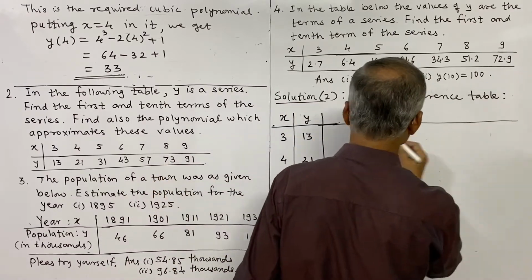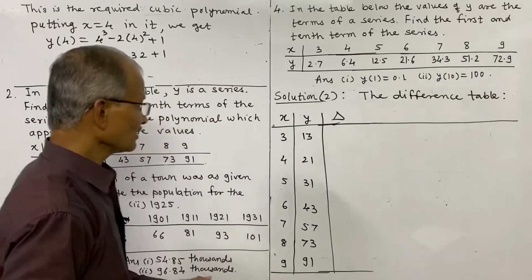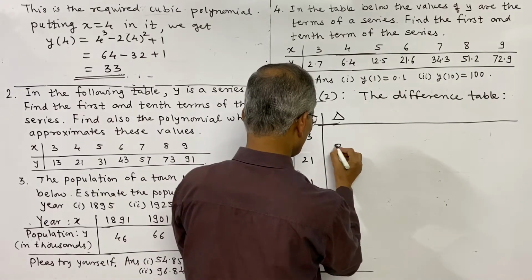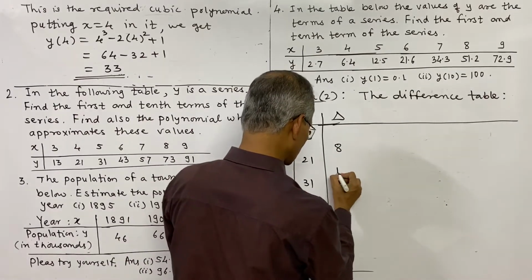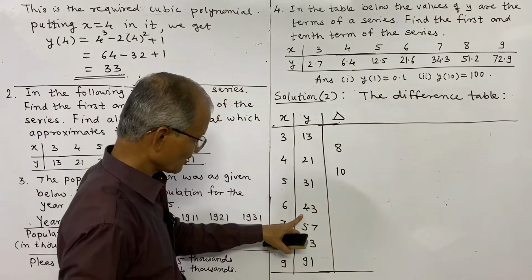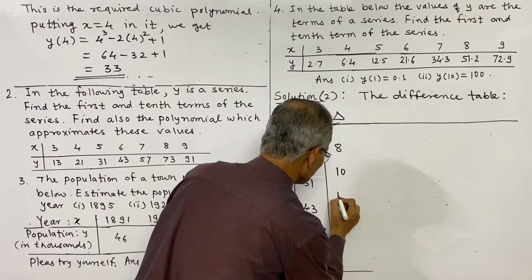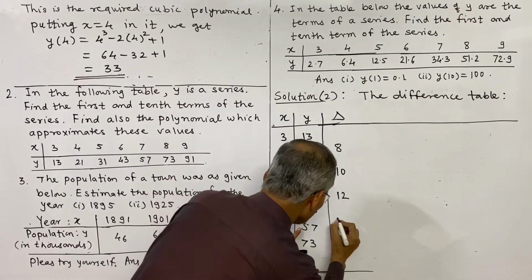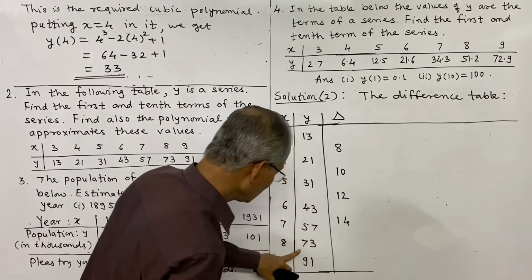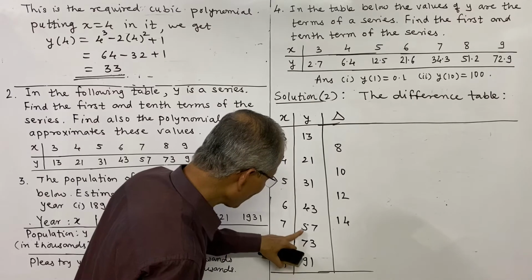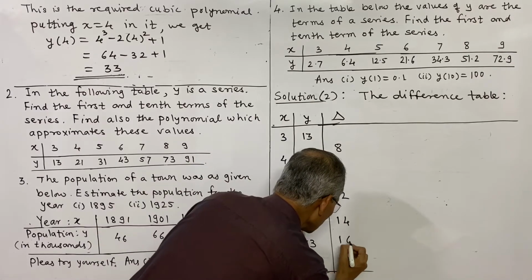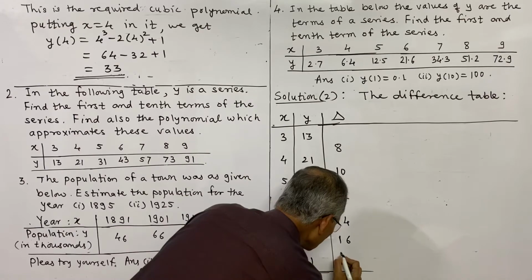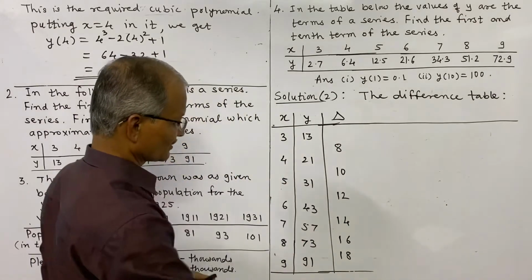The differences of y will be 21 minus 13, so that is 8. 31 minus 21, that is 10. 43 minus 31, that will be 12. 57 minus 43, this is 14. 73 minus 57, that is 16, and 91 minus 73, this will be 18. You should check it. These are the differences we have to write.